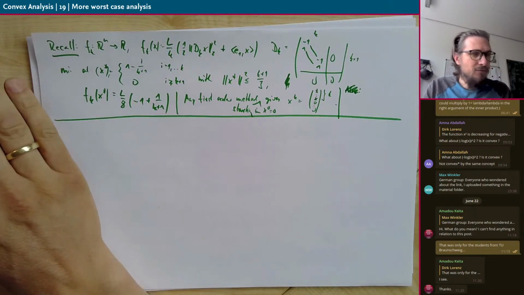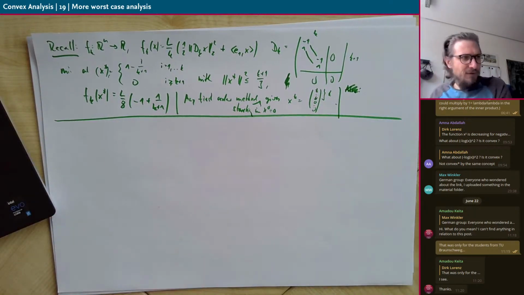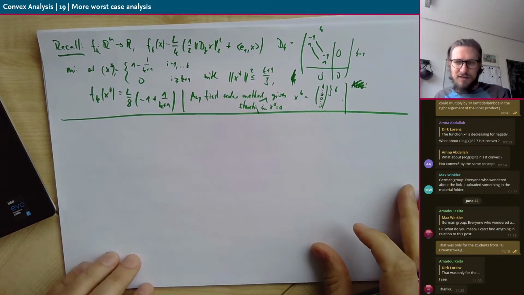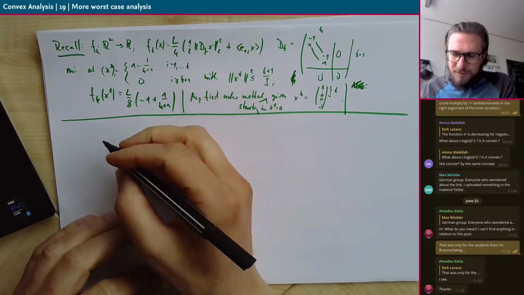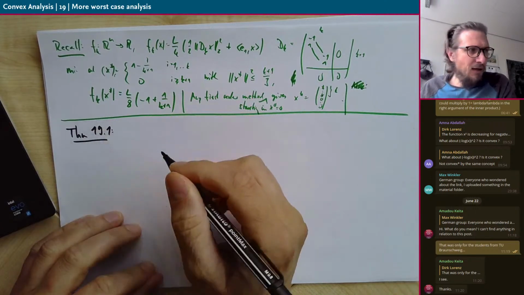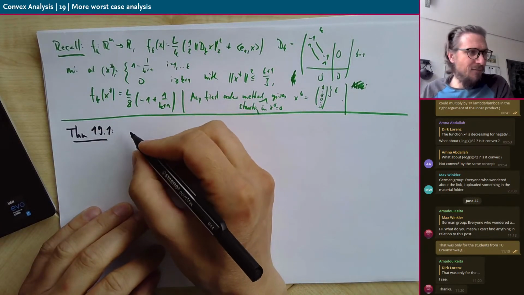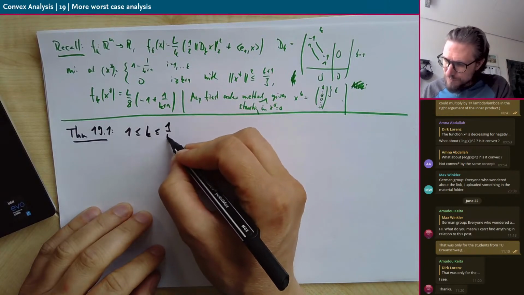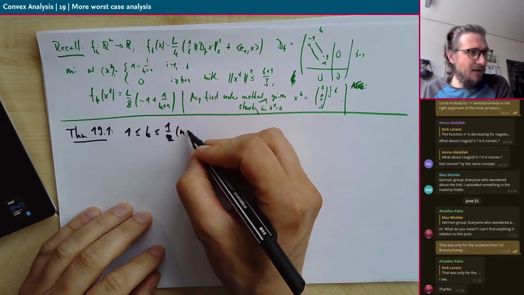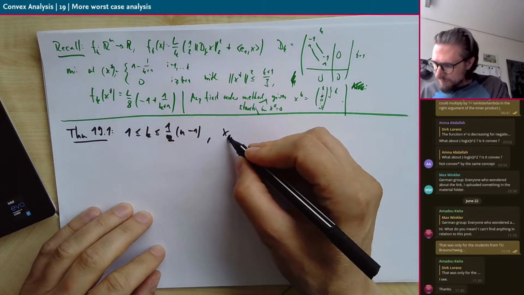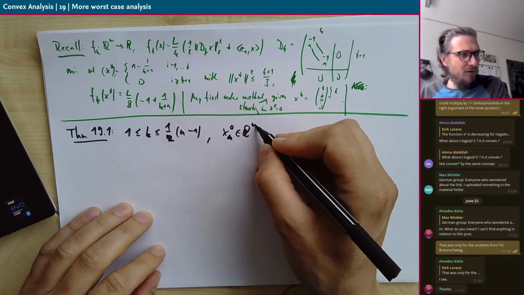Okay, so I think now we're already done with all of the preparations, and I can start the main theorem, which already gives the final result for this class. So this is theorem 19.1. And it says, we have some n given, but we now consider only k up to 1 over 2 n minus 1, and then any x0 in R^n as a starting point.